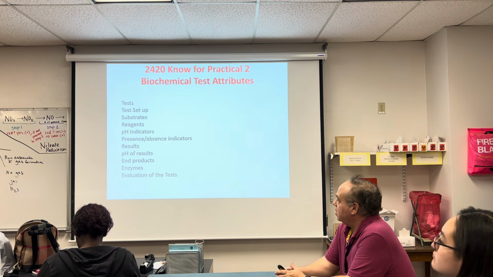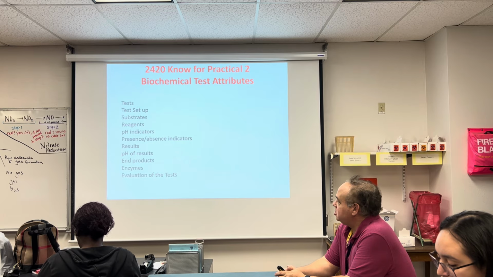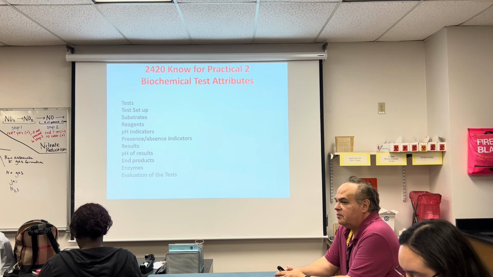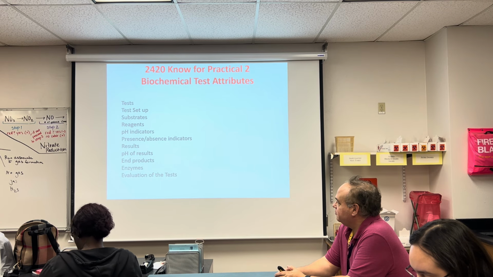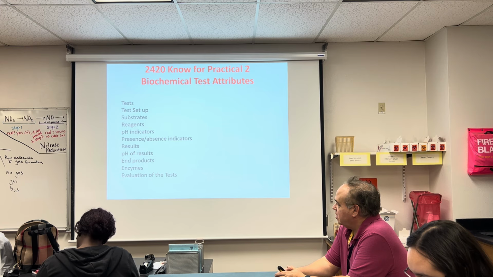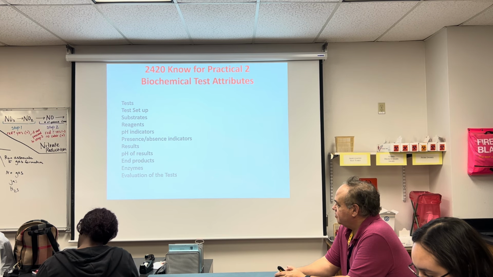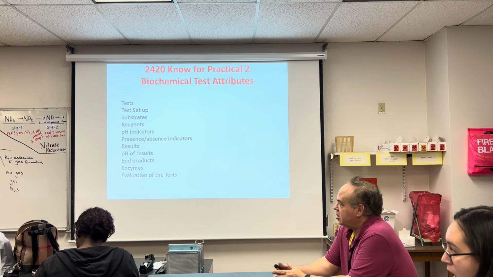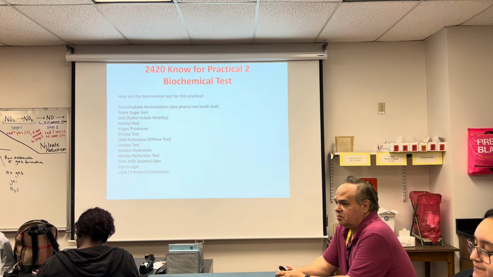So, you'll need to know these things: the test, the test setup, substrates, reagents, pH indicators, presence, absence indicators, results, the pH of the results, end products, enzymes, and how to evaluate the test. Okay? These are the things you're responsible for.